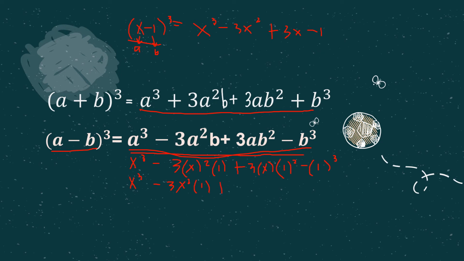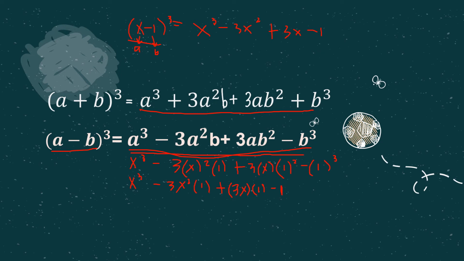Next. So, 3 times x is 3x. Ayan. And then 1 square. So, 1 square, ilagay ninyo siya sa parenthesis kasi meron pa tayong isa na i-multiply. So, 1 square is 1. Ayan. Minus, ang 1 cube is 1 times 1 times 1, which means 1.